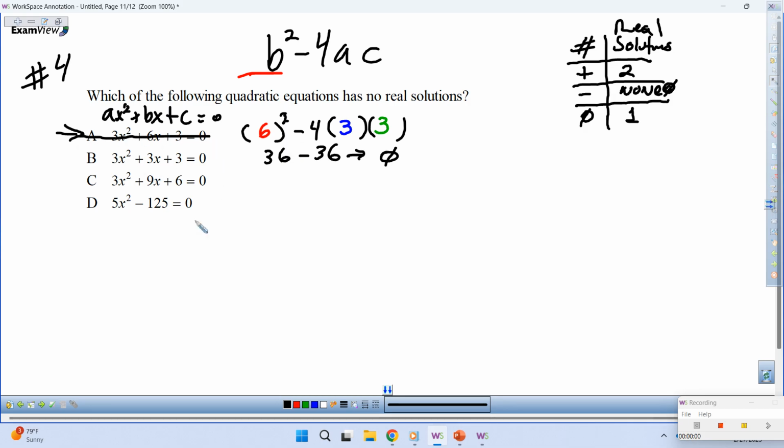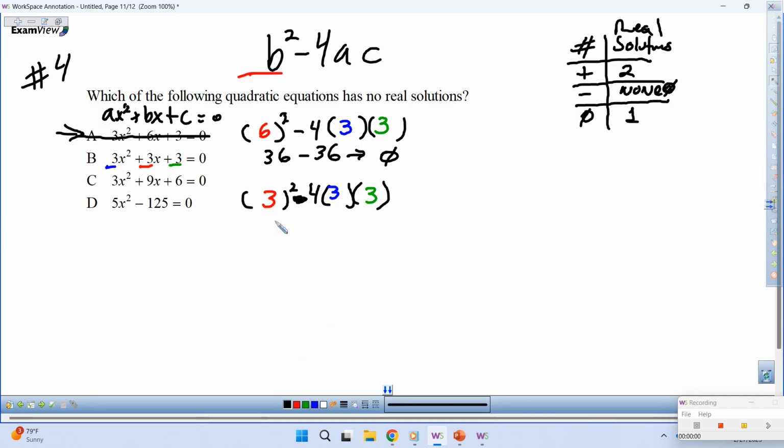Let's go to the next one, this one. Again, I'm going to open up parentheses, minus 4 parentheses parentheses. What is B? B is 3. What is A? A is 3. And C is 3.